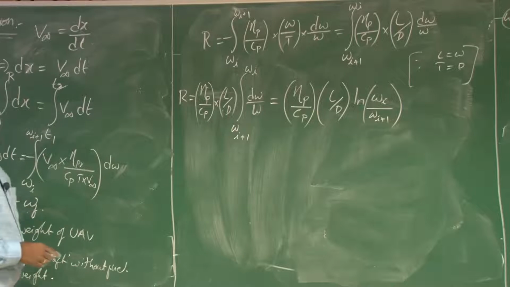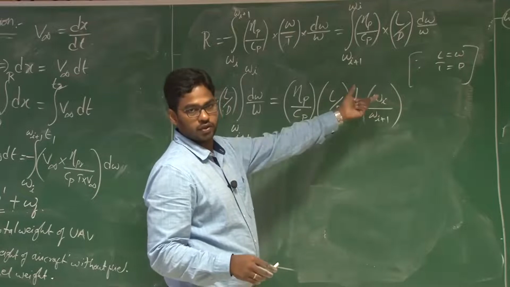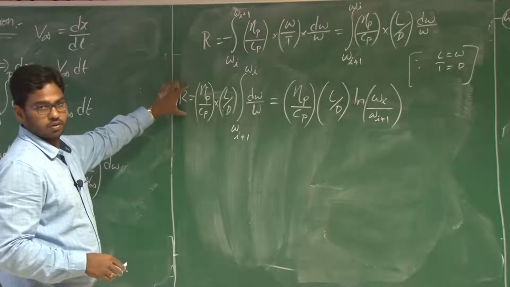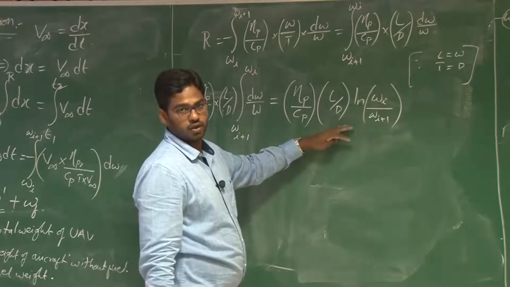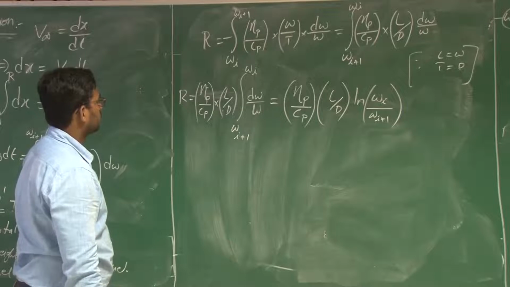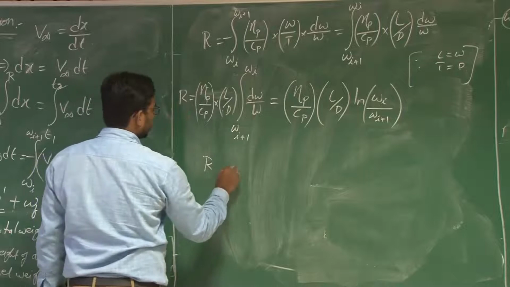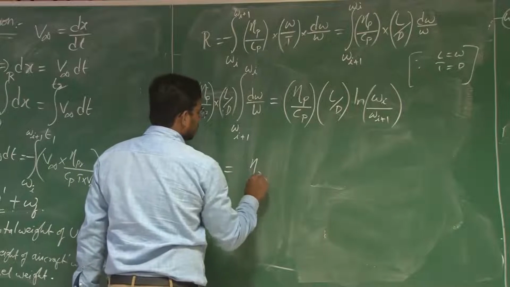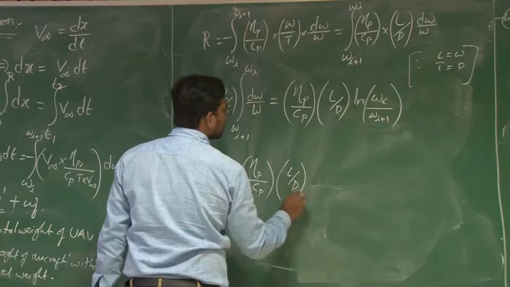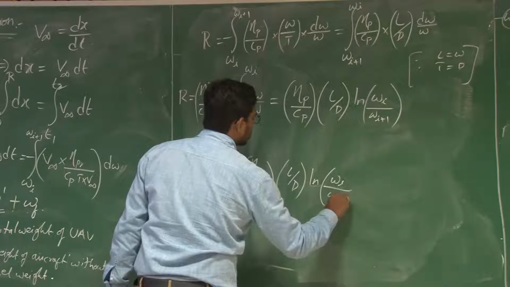So for a given fuel load and the weight of this aircraft, and if you know the L by D of your flight, you will be able to have a range R. So finally, range is equal to eta P by Cp into L by D into ln of Wi by Wi plus 1.